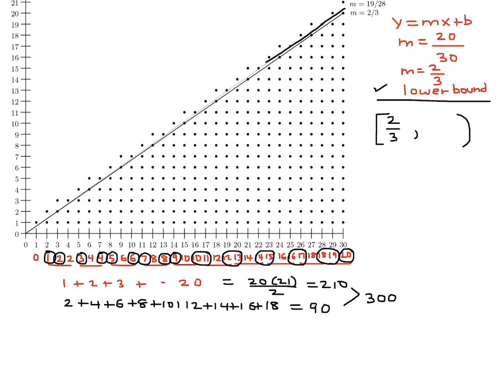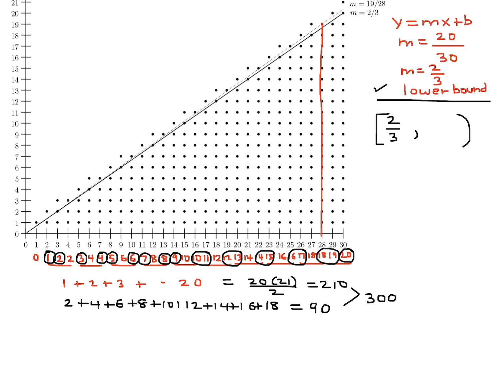It's right here. It represents the upper bound. And that upper bound, as you can see, touches this point. And if we included it, it would become one extra lattice point, 301, but we're not going to include it. That's why we're putting a curve here to show that it goes to that point, but it does not include it.